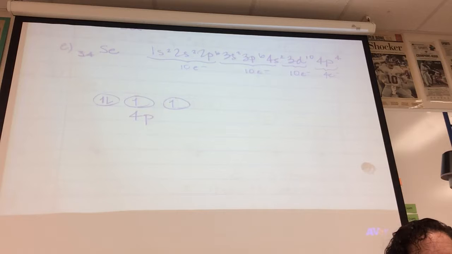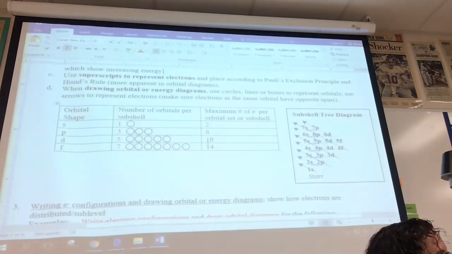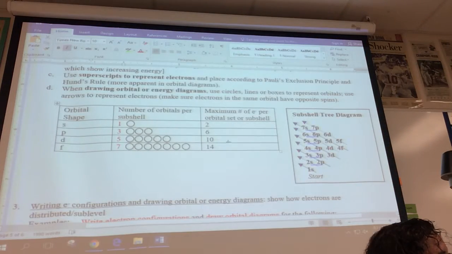So there are 5 circles for D, and each circle can hold 2. So S can hold 2, P can hold 6, D can hold 10, and F can hold... That's up here. On the screen, this tells you how many it can hold.